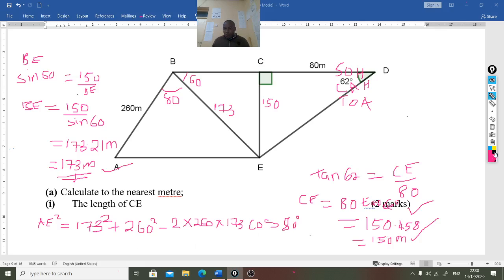So if I multiply that, 173 squared plus 260 squared, if you add the two, you get 97,529.